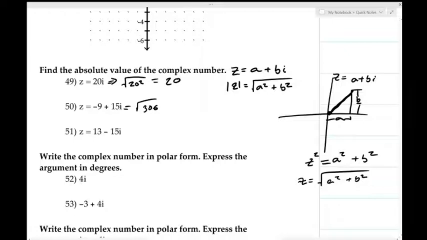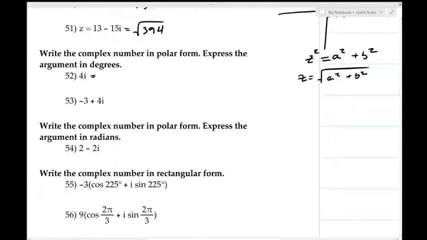Once again, taking the absolute value of this, perhaps we can't simplify it, so we'll leave it as it is.